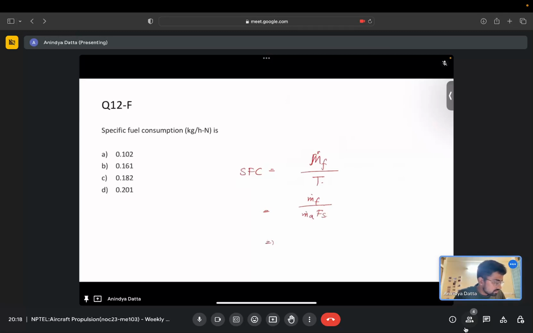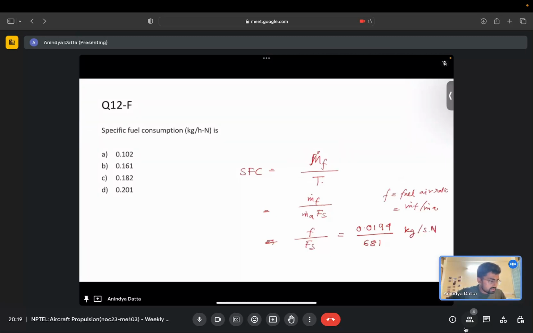So this becomes f, the fuel air ratio, divided by Fs. So f is our fuel air ratio, m dot F by m dot A. The fuel air ratio is given as 0.0194. The specific thrust is 681. So this you will get in kg per second Newton.